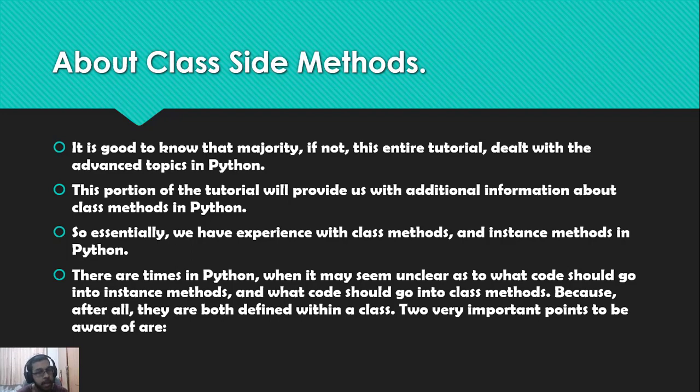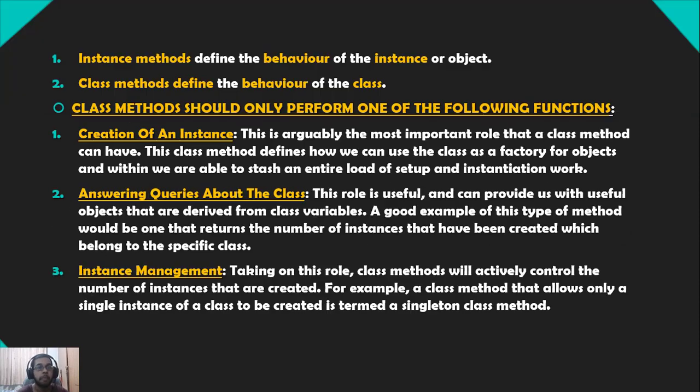There are times in Python when it may seem unclear as to what code should go into instance methods and what code should go into class methods, because after all, they are both defined within a class. Two very important points to be aware of are: number 1, instance methods define the behavior of the instance or object. Number 2, class methods define the behavior of the class.